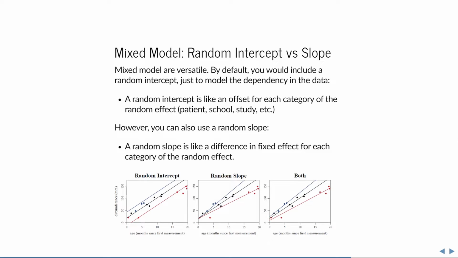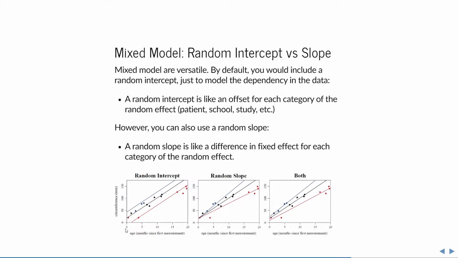But you can also use a random slope. So in this example from the book, which I'll also post online, it's not mandatory because it isn't finished, but if you want to have a look at it, you can read chapter 2. The random slope is like a difference in fixed effect for each category of the random effect. So in this example, we're looking at the circumference of trees as they grow over the months.